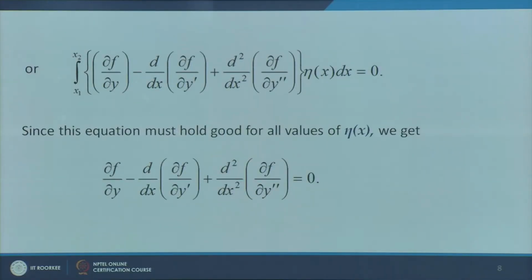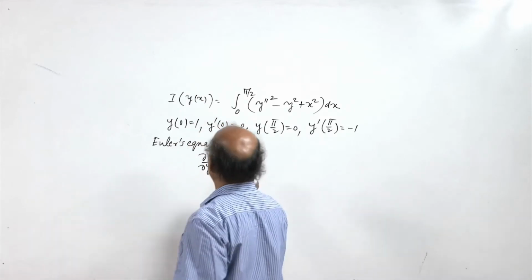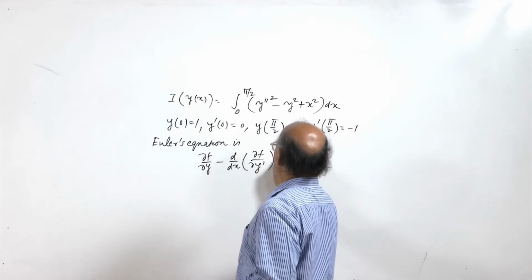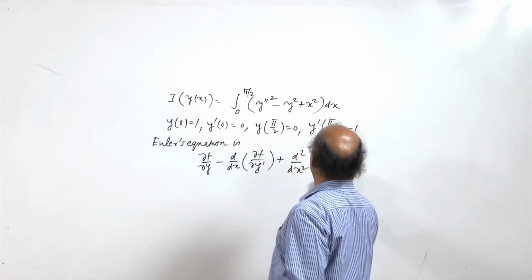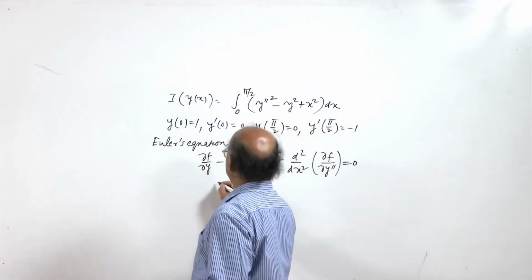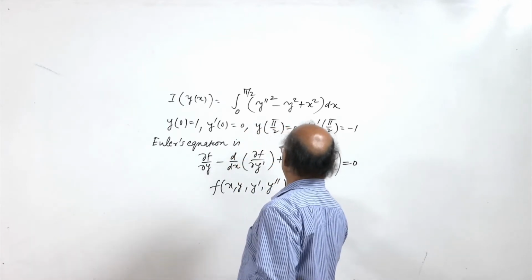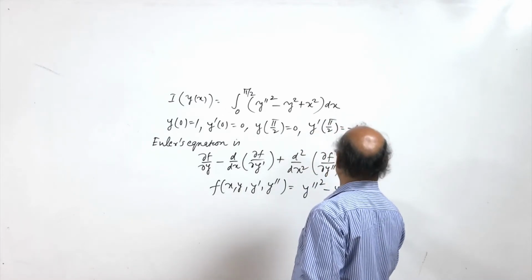So Euler's equation is delta f over delta y minus d over dx of delta f over delta y dash plus d square over dx square of delta f over delta y double dash equal to 0, and we are given f of x, y, y dash, y double dash equal to y double dash squared minus y squared plus x squared.